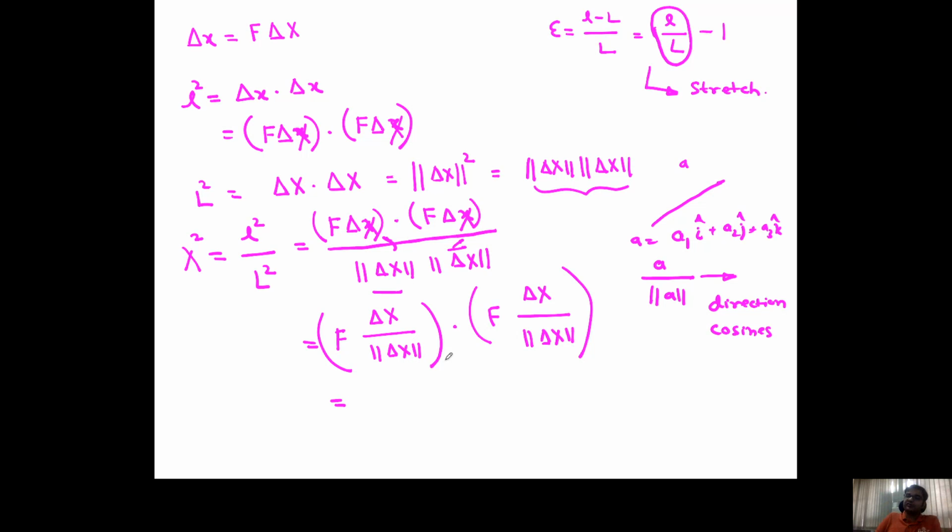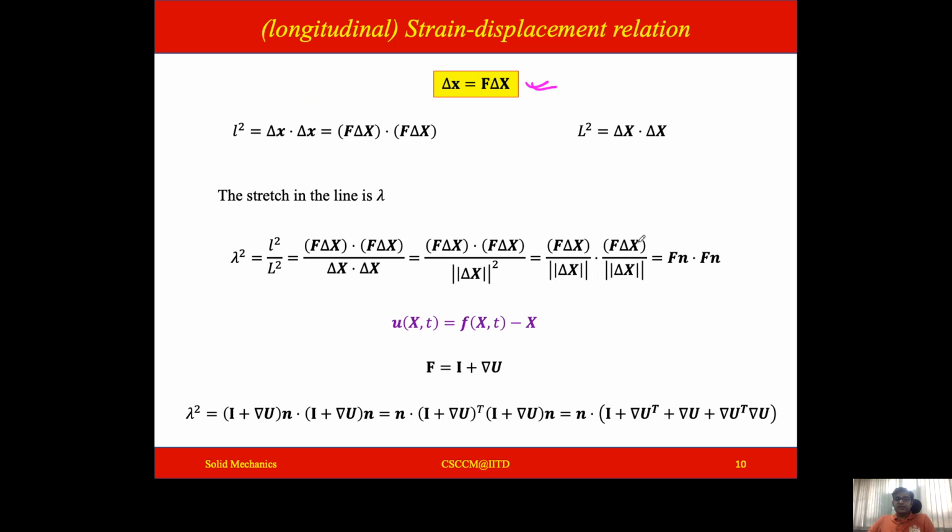We took an initial direction, remember? So when you draw this, you started with the initial direction. This was x, this was dx, and this point y was x plus dx. So let us say this direction is n. So what we have here is F times the unit normal vector n dot F times the unit normal vector n. So that is what we have here.